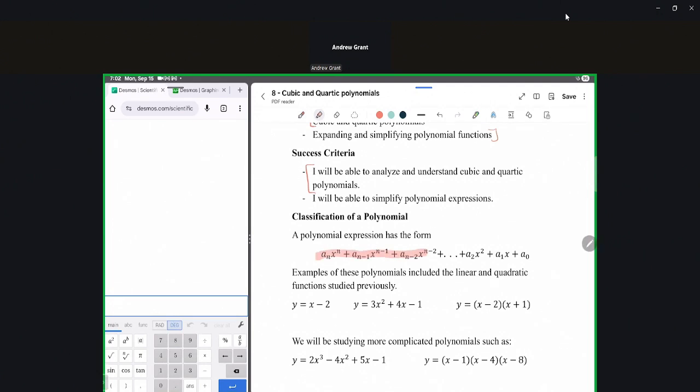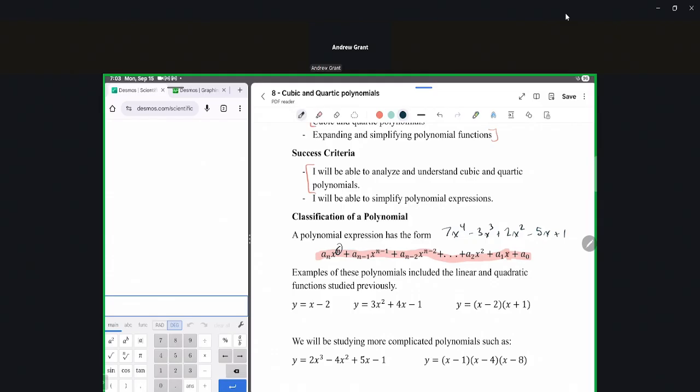In general, polynomials have this generic structure: a sub n times x to the power of n, plus a sub n minus 1 times x to the power of n minus 1, plus a sub n minus 2 times x to the power of n minus 2, plus dot dot dot. All this means is that we're having a look at polynomials like, say, 7x to the power of 4 minus 3x to the power of 3 plus 2x squared minus 5x plus 1.